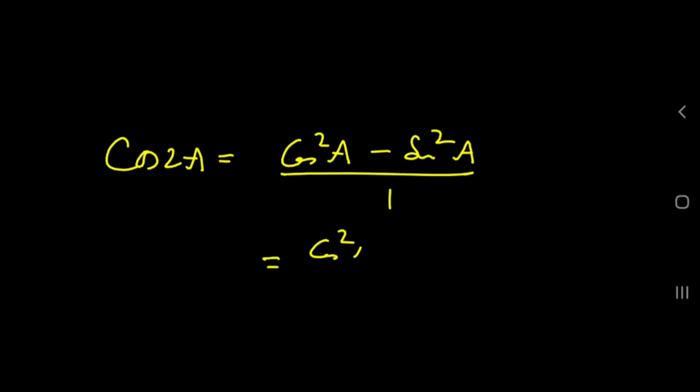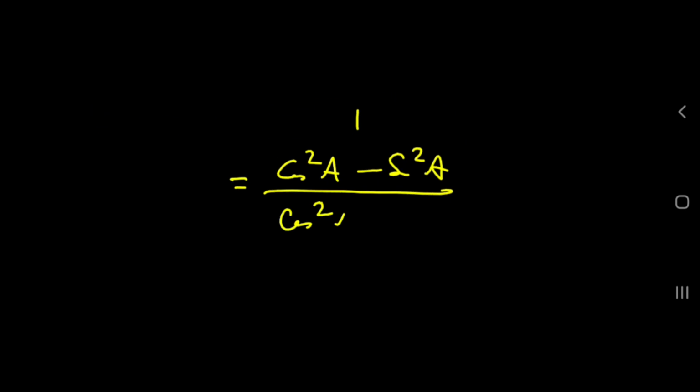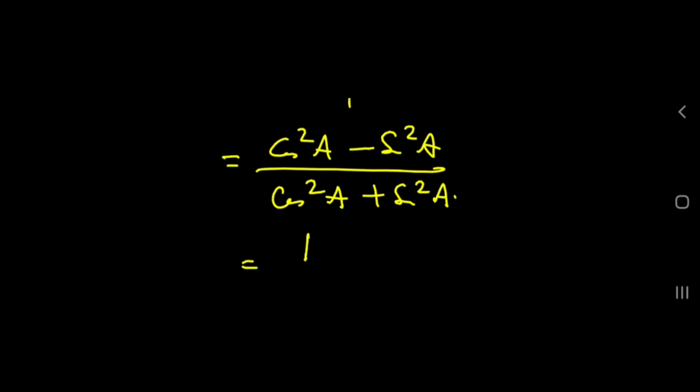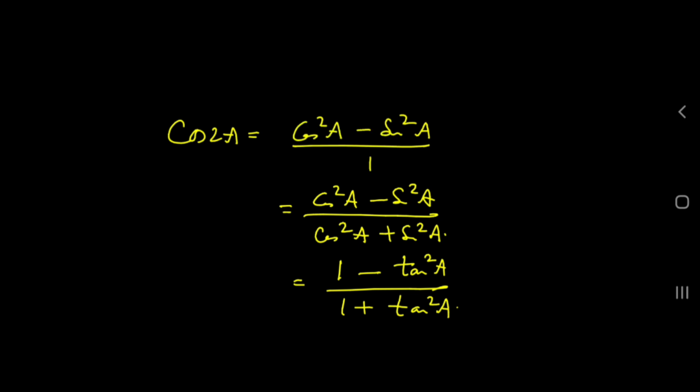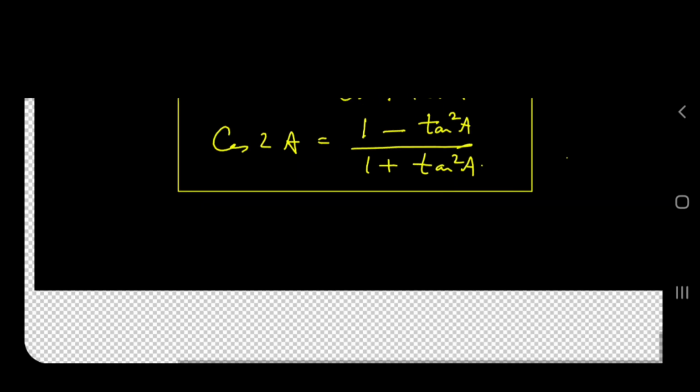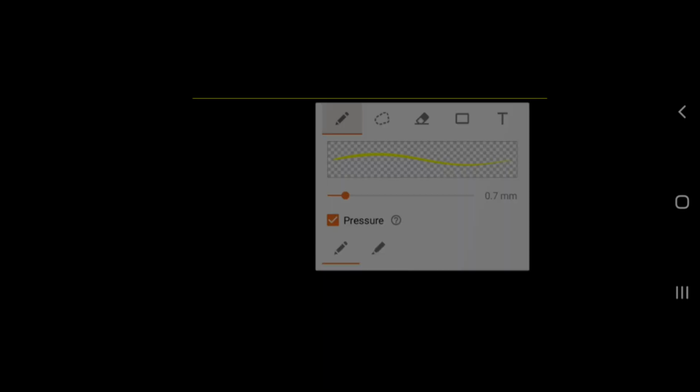It means cos square A minus sin square A by cos square A plus sin square A. So divide all the terms by cos square A. We will get 1 minus tan square A by 1 plus tan square A. So we got all these forms of cos 2A also. So I'm making it a box. It is also important. Now we'll go to sin 3A.